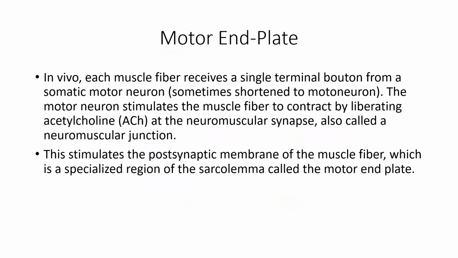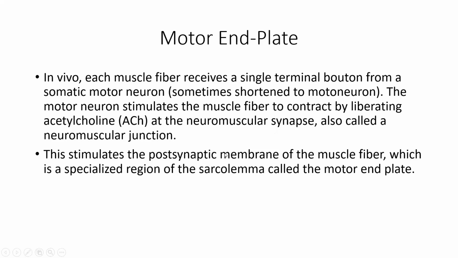Well, I mentioned that neurons control the muscle contraction, the somatic nervous system, and this is done by releasing acetylcholine into the neuromuscular synapse, where the acetylcholine attaches to its own receptors on the postsynaptic membrane, in some area of the postsynaptic membrane on the sarcolemma. And sarcolemma is the plasma membrane of the muscle cell. Yeah, you remember.